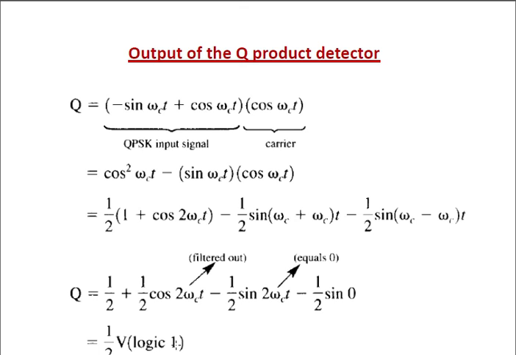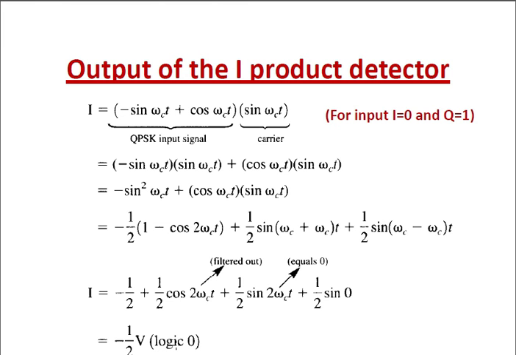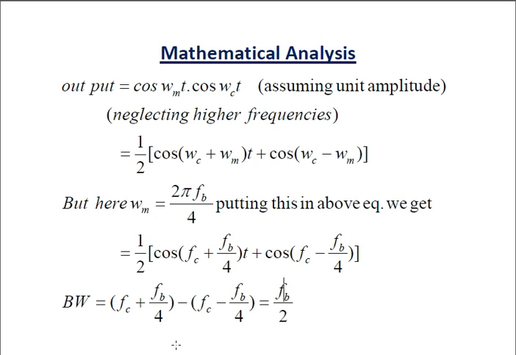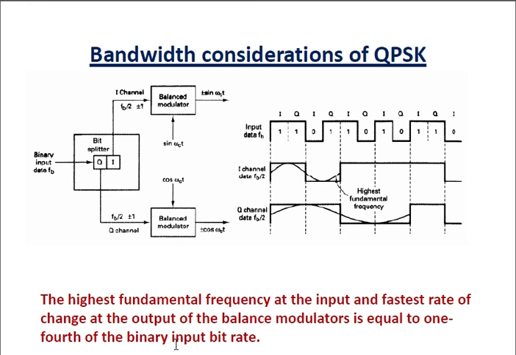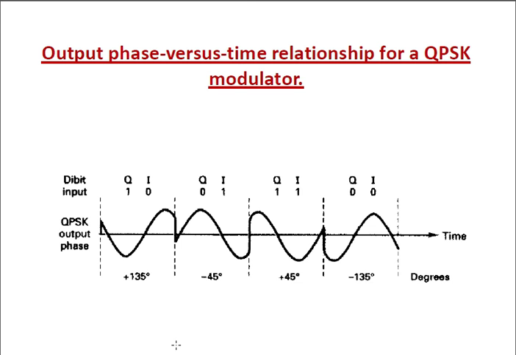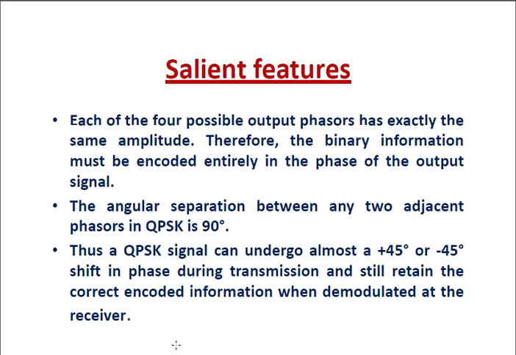Up to here we have seen quadrature phase shift keying, its modulation, its demodulation, how it is recovered at the receiver side, how to transmit it, and how it is represented graphically. Then we have seen the schematic representation, its mathematical analysis, its constellation diagram, then bandwidth considerations.